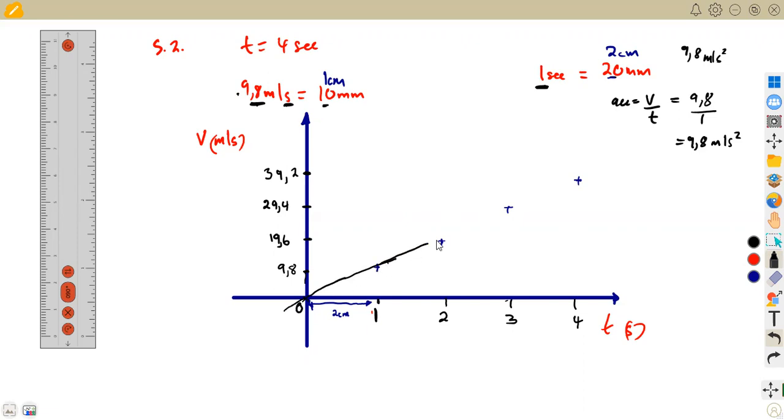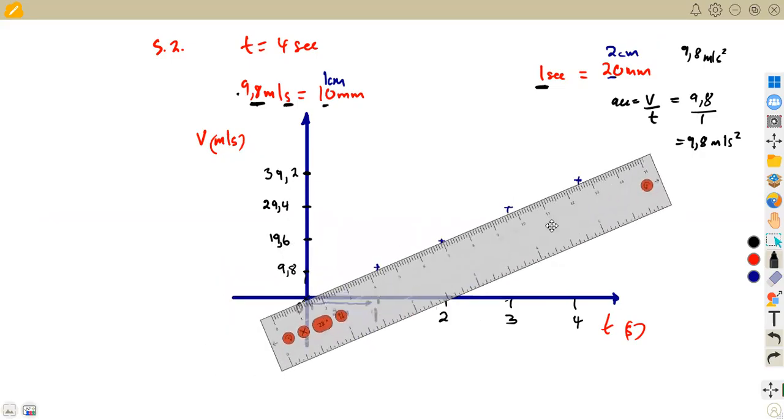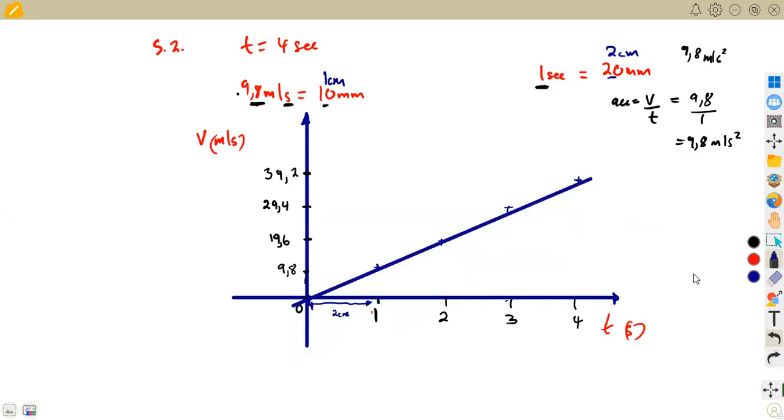Please make sure that you use a ruler. Here, I'm just showing you a sketch like this one. This is what it was supposed to be like. Let me just show you using a ruler, just as a presentation. It's not going to be accurate because I wasn't using this in an accurate manner, but you're going to have something of this nature. This is what you're going to have, where 1 here corresponds with 9.8.